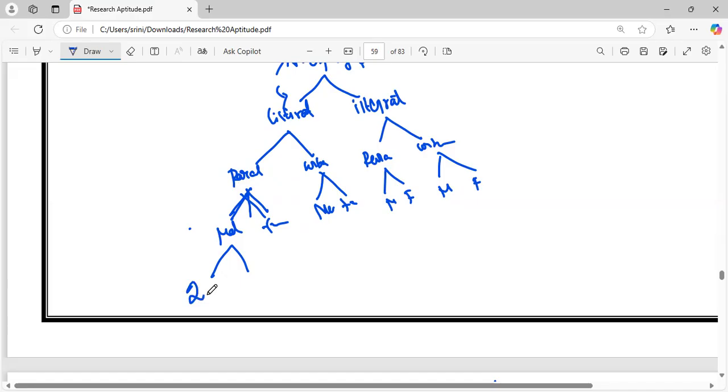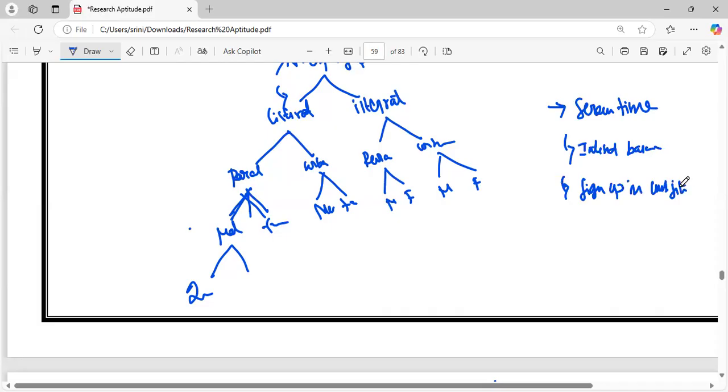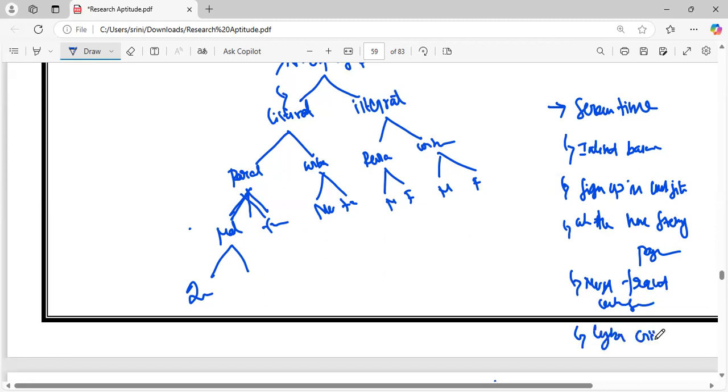We can ask a questionnaire which includes screen time, how much time they use the mobile phone, whether they possess internet banking, whether they sign up on websites, whether they have a strong password, whether someone else knows the password of their phone, the most frequent websites they visit, and whether they were involved in or affected by any cybercrime. These are the questions that I would follow if I ask the questions.